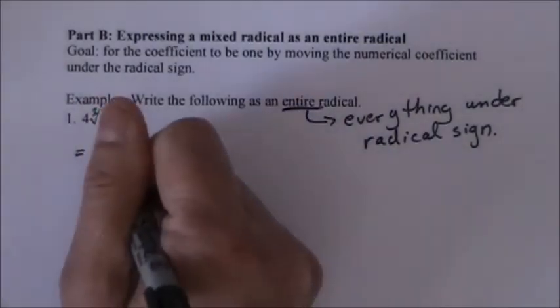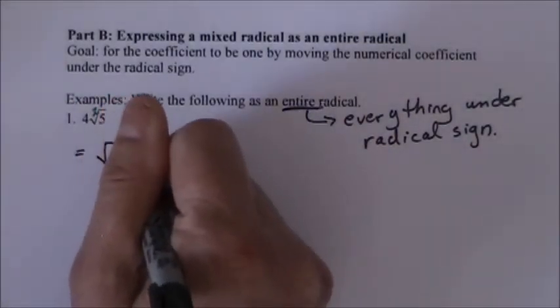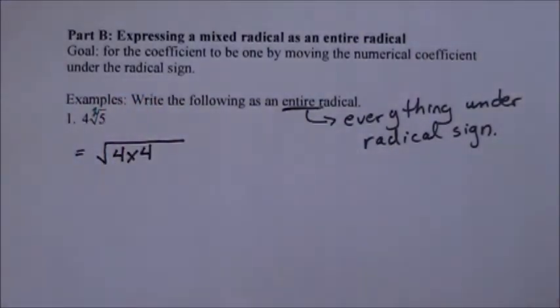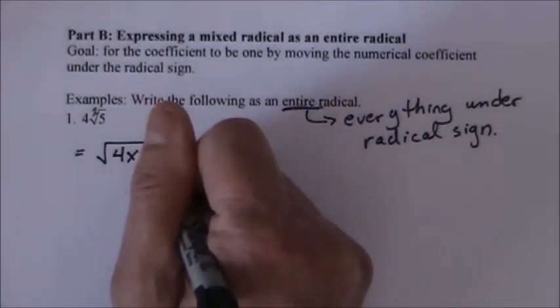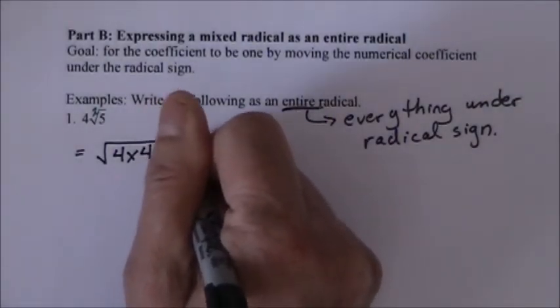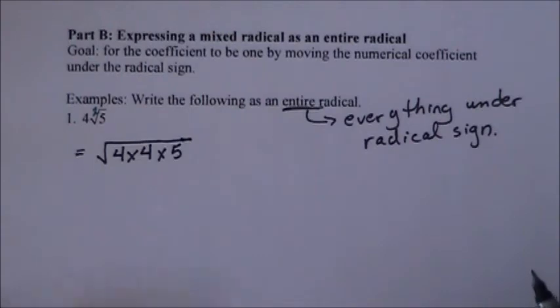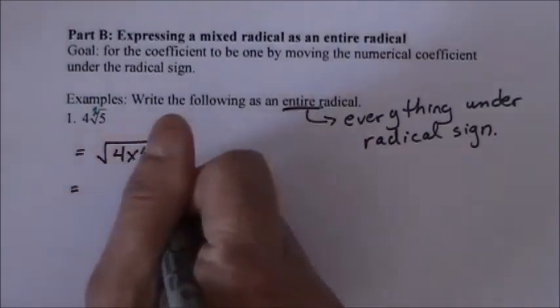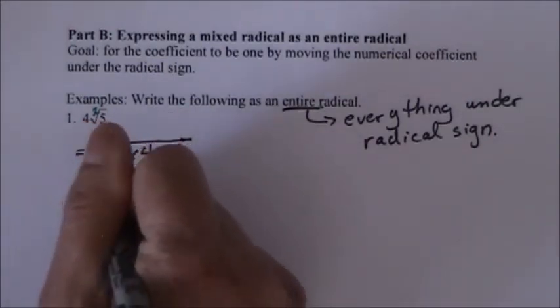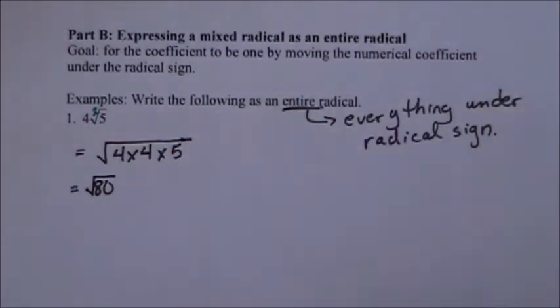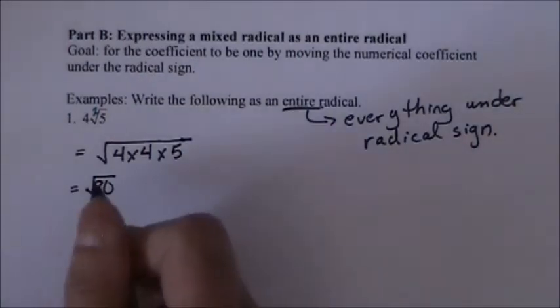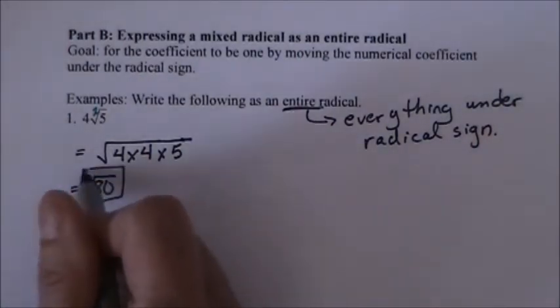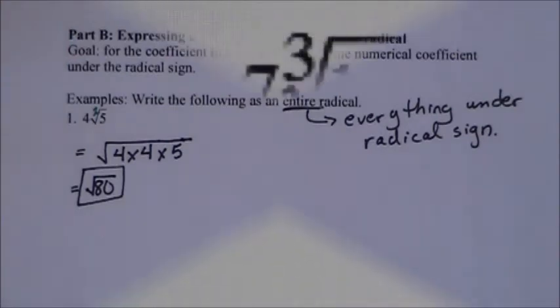Moving that 4 underneath, we need 2 of them, so we're going to go 4 times 4, and then multiply it by whatever was already under the radical sign. In this case, it was a 5. So 4 times 4 times 5 is 80. 4 square root 5 is equal to the square root of 80.